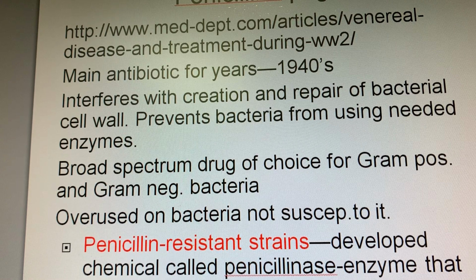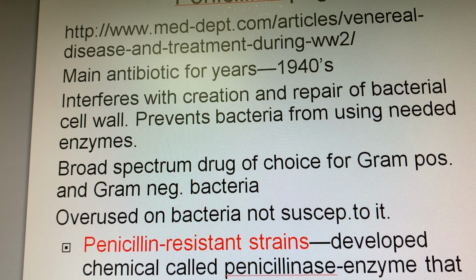So penicillin prevents the bacteria from using enzymes that are needed to produce a strong cell wall, and it's considered mostly bactericidal. It is the broad spectrum drug of choice for years for gram-positive and gram-negative bacteria.